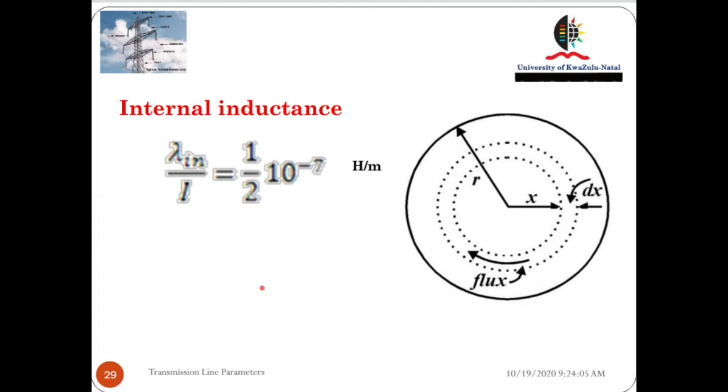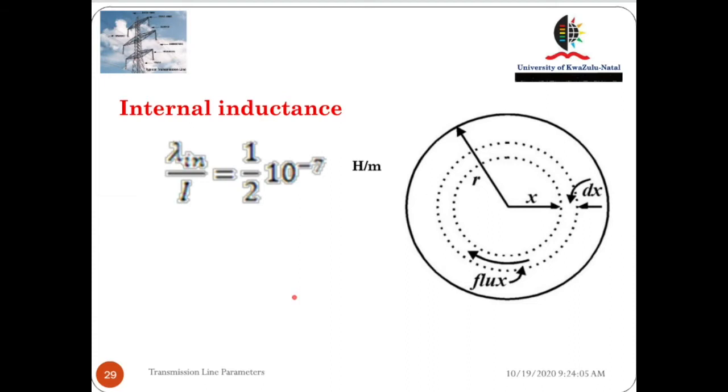So what we do when we try to find out the total inductance of a single conductor, we assume that we have a single conductor which is circular in cross section, radius is r, infinitely long, and carrying a current of I ampere.